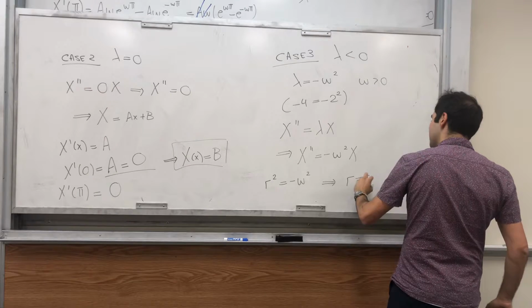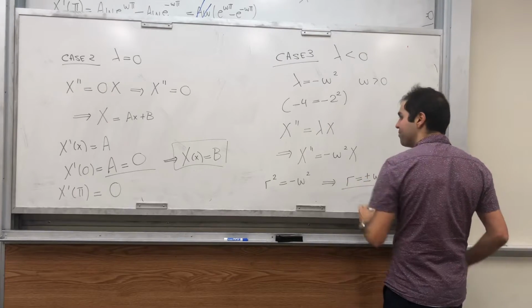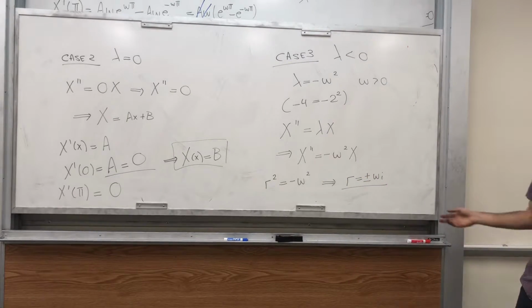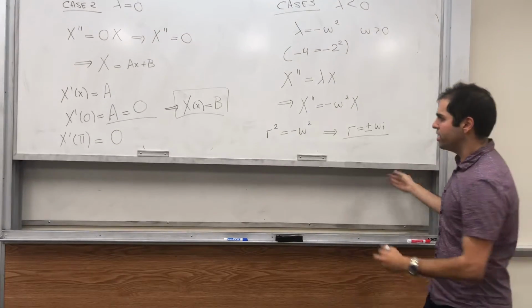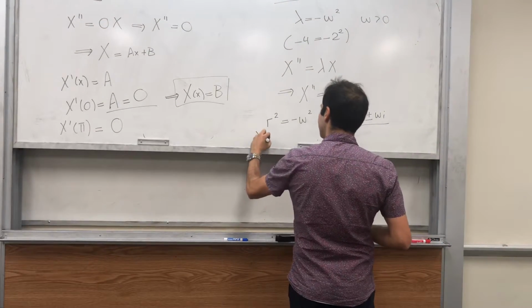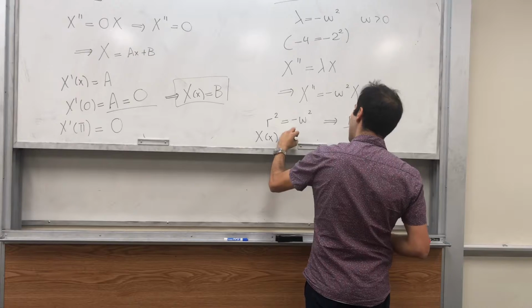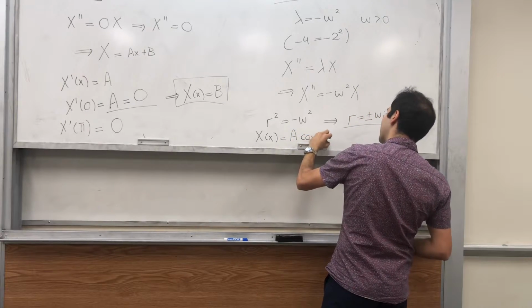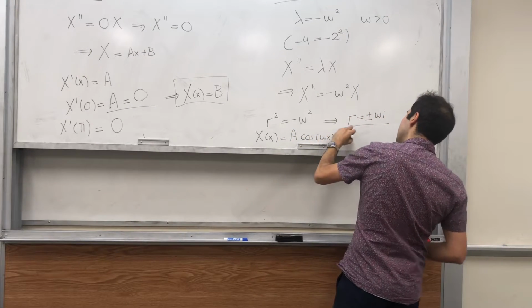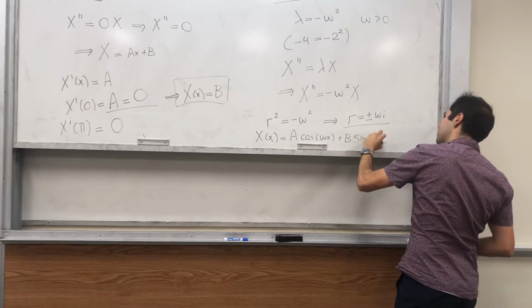So r is plus or minus omega i, which gives you the solutions. X of x equals a cosine of omega x plus b sine of omega x.